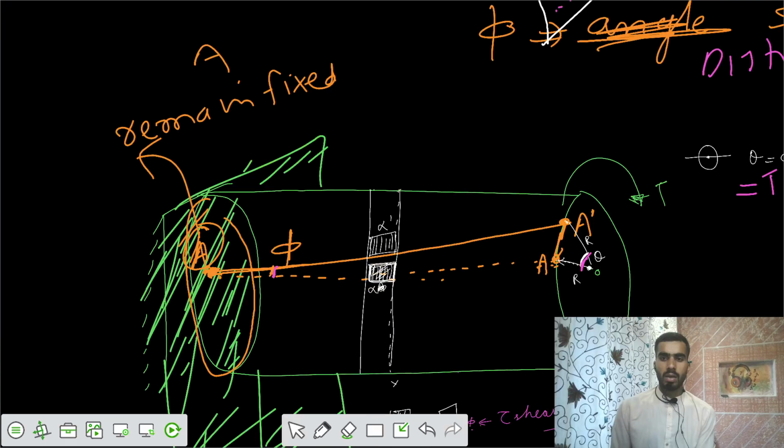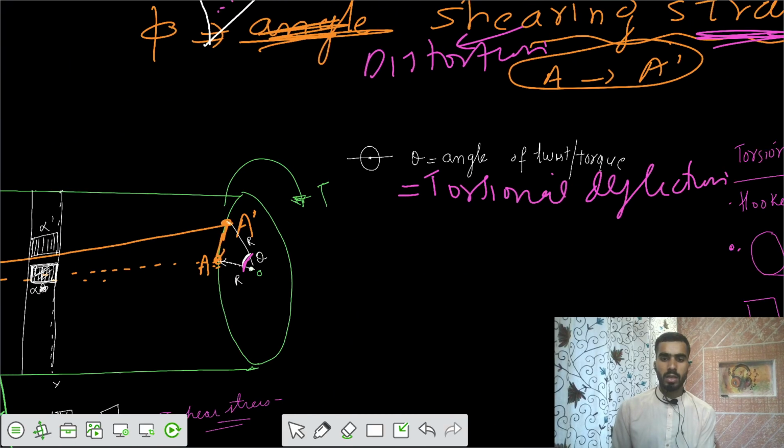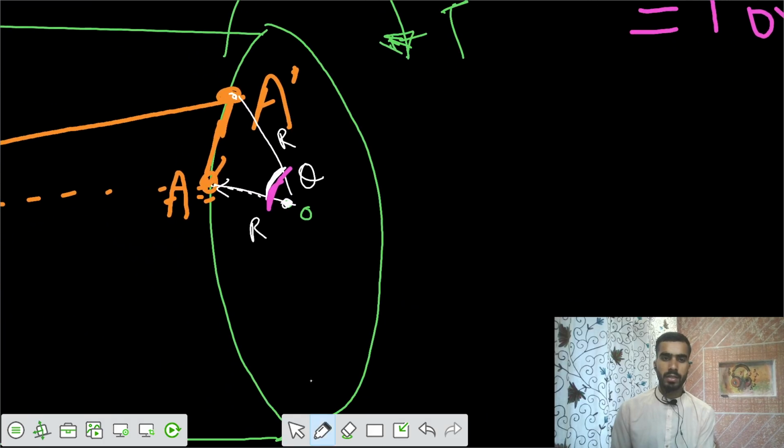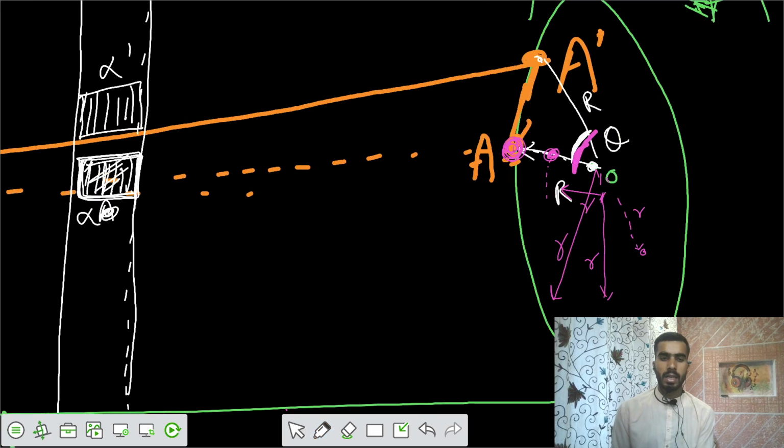You took that element A that was on the free surface. Now if you want to take one more element that is at a distance of small r from the center, say any point B dash at a distance of r from the center, so your r varies. If your r varies, we want to see what is the influence on the phi that gets developed.